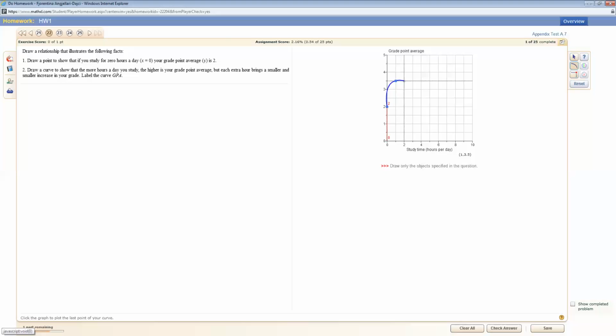Now I'm dragging my cursor, and I'm trying to show a curve that is going to approach the 4 horizontal line that is an imaginary line right now, but it's not going to intersect it. As you can tell, MyEconLab is not going to let you sometimes do changes that are specific to where you want the point to be.